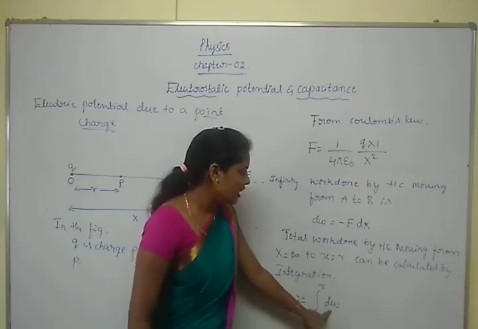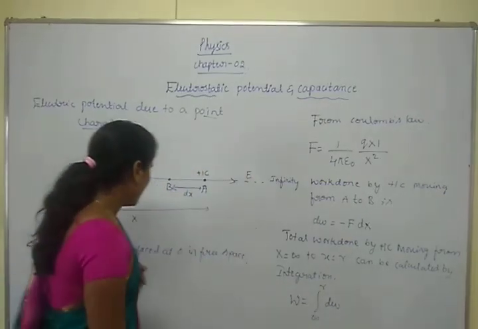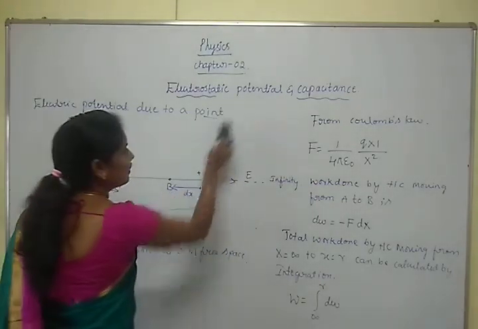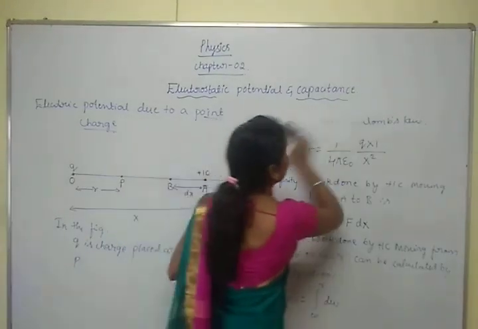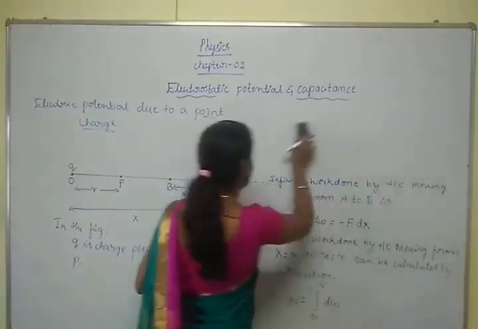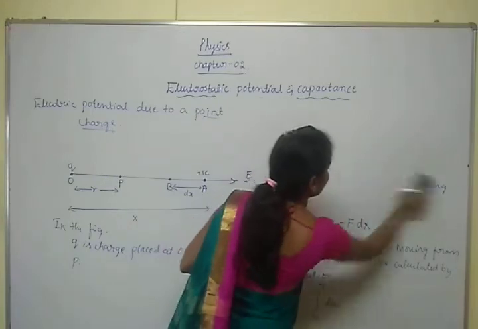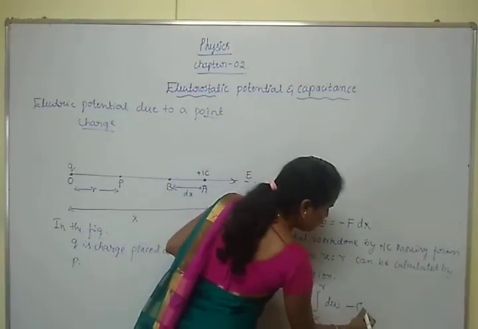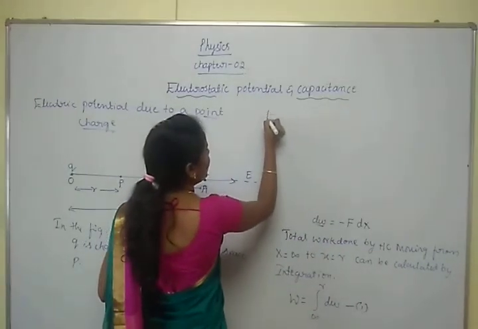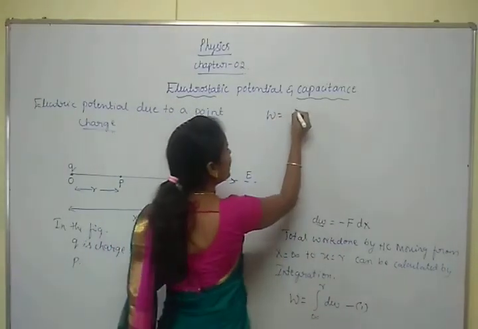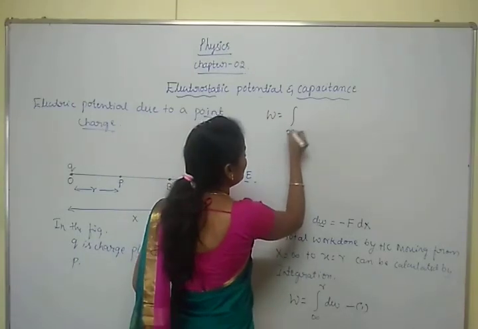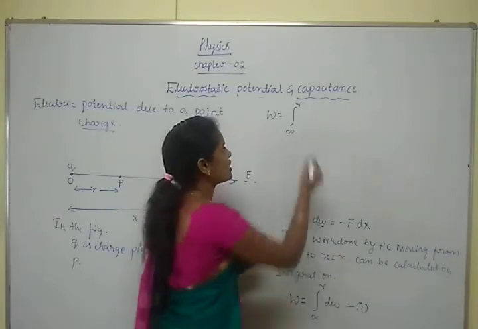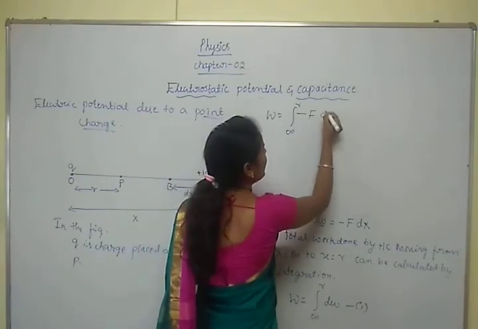So, substituting the value of dW in equation 1, we get W equals the integral from infinity to r of minus F dx.